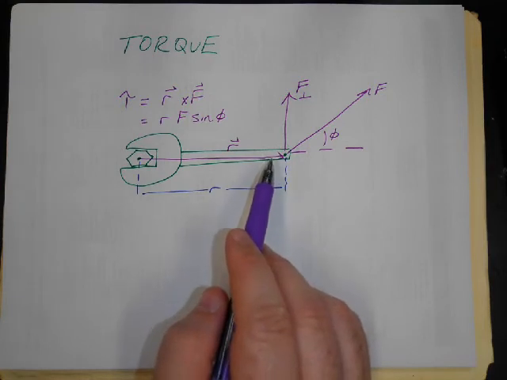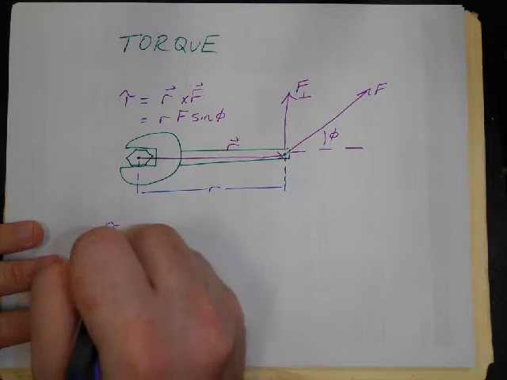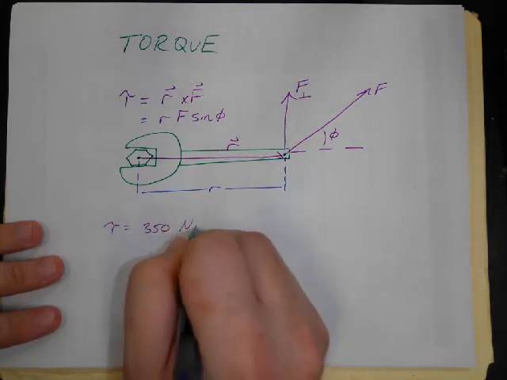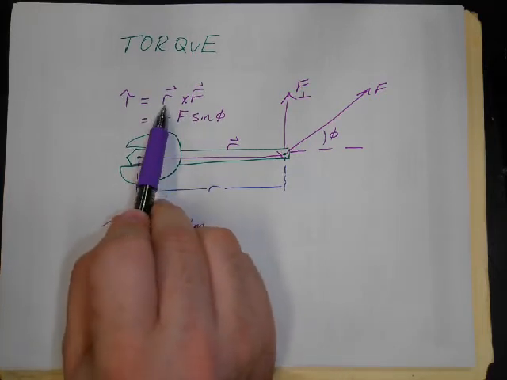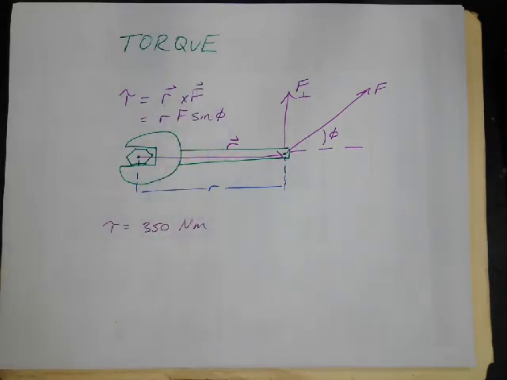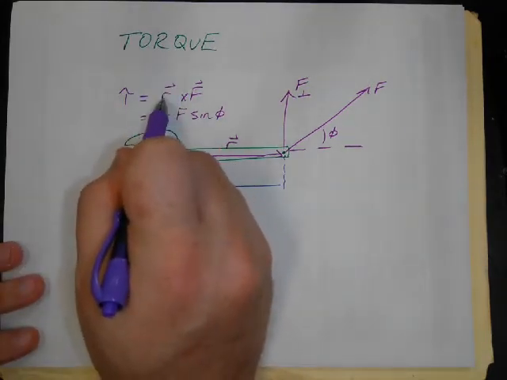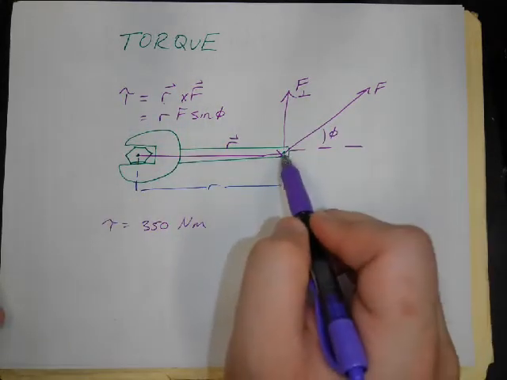So the example in the notes, we have this torque wrench, and if our tau is 350 Newton meters, I want to be careful. The units for this have to be a distance times a force. And that looks like work, but it's not, because this R here is not a real distance that this thing moves.